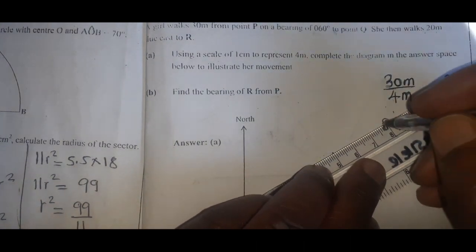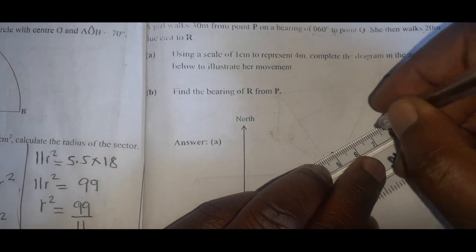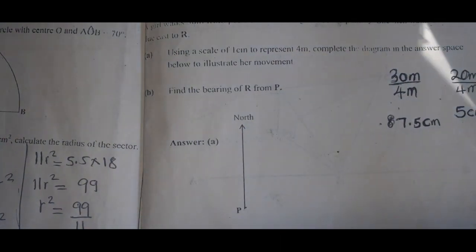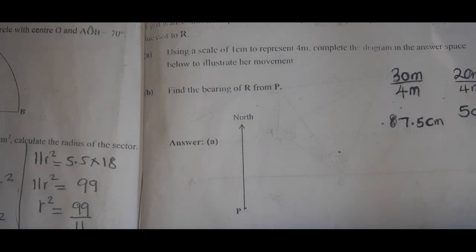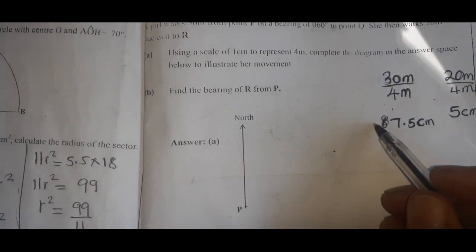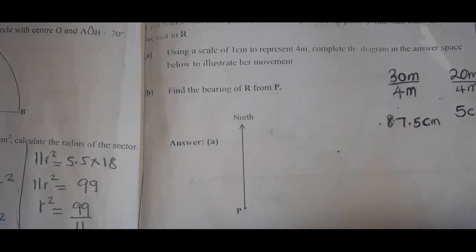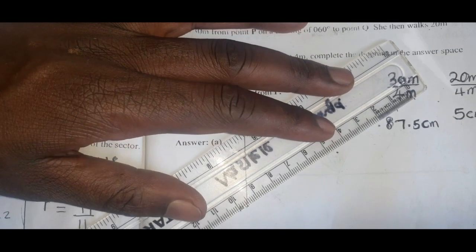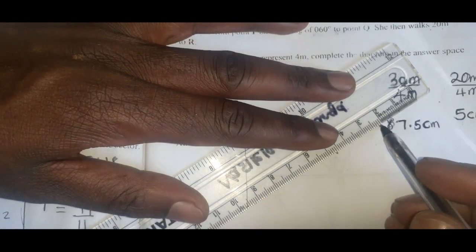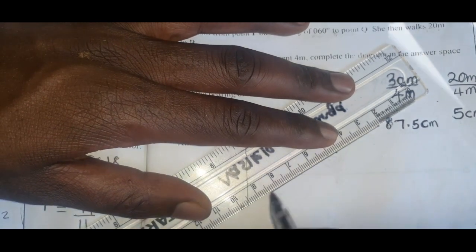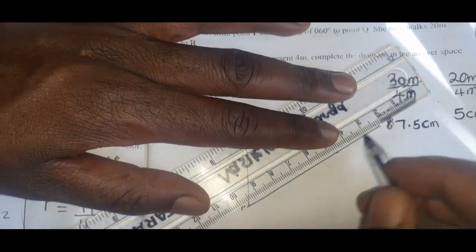And 7.5 is at this point. Okay, I have to apologize here now. Bear with me. I wasn't considerate when I wrote those things there. So we draw this line.